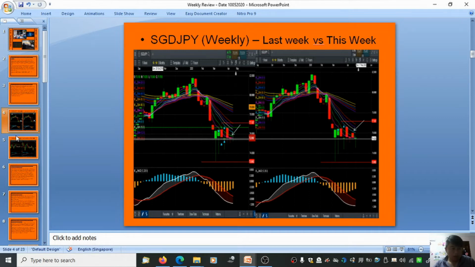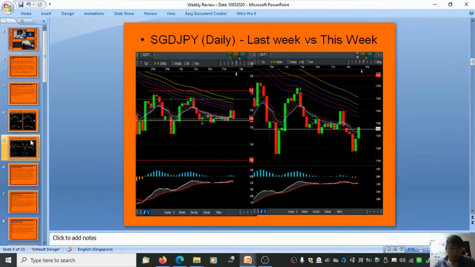For the daily chart, you can see the green candlestick now is a crossover. This is the crossover.